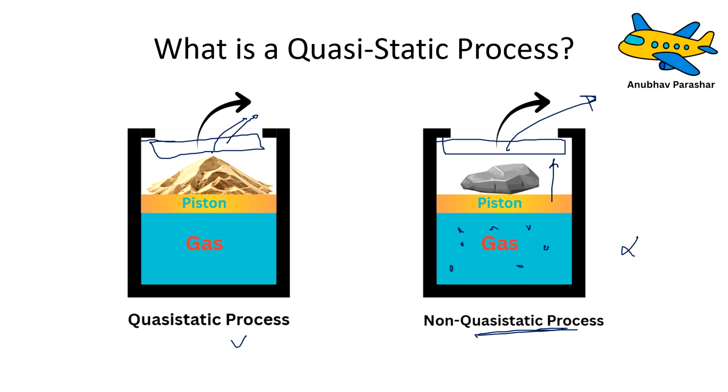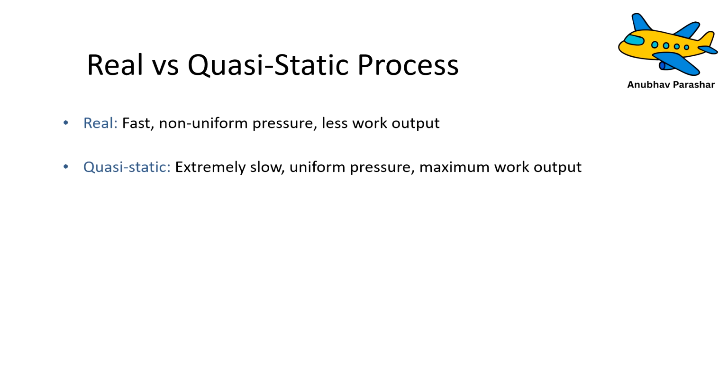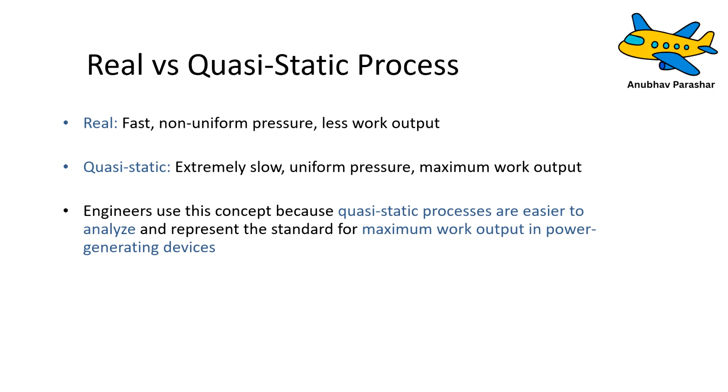And why is quasi-static process important? Because they are basically easier to analyze, because the properties remain uniform throughout, and we obtain maximum amount of work output in a power generating device. All the turbines, all the power generating devices will give the maximum output if they follow a quasi-static process.